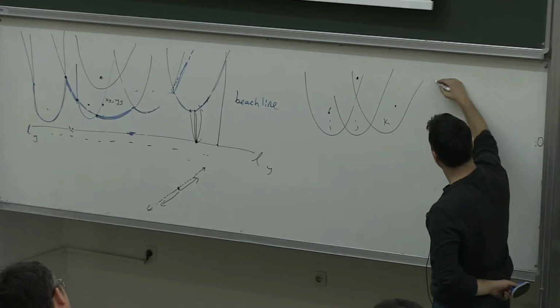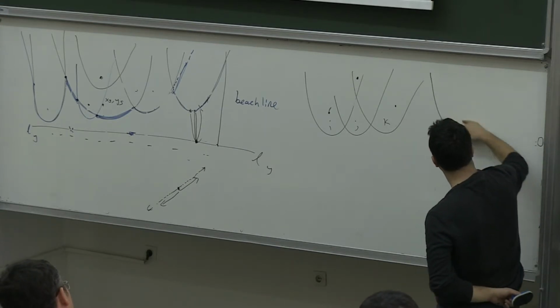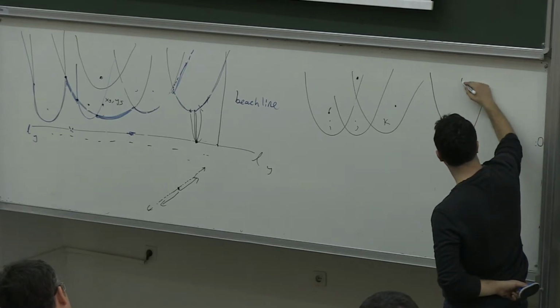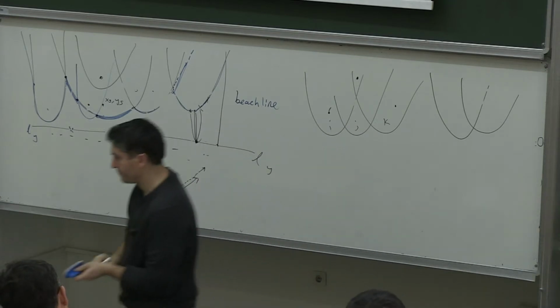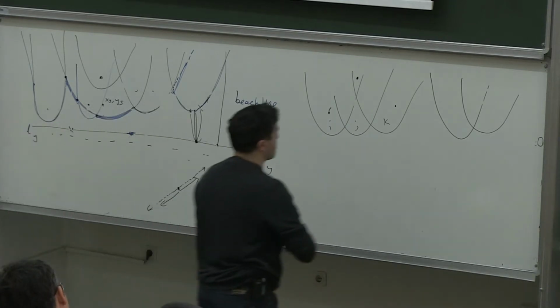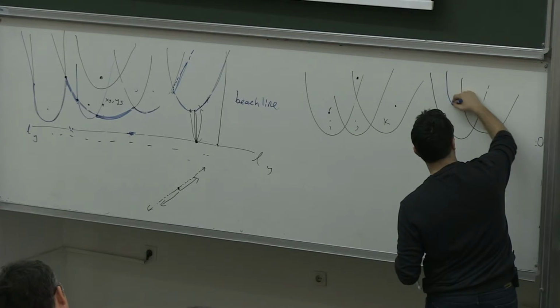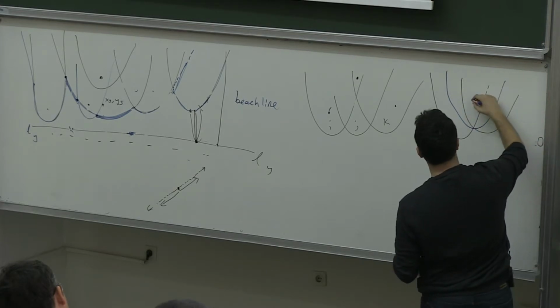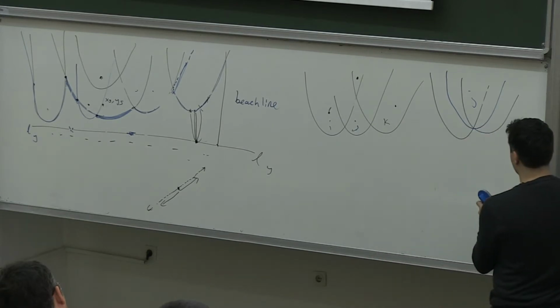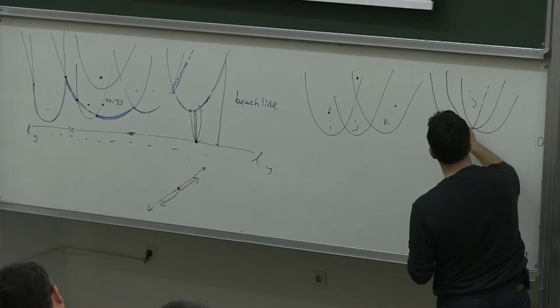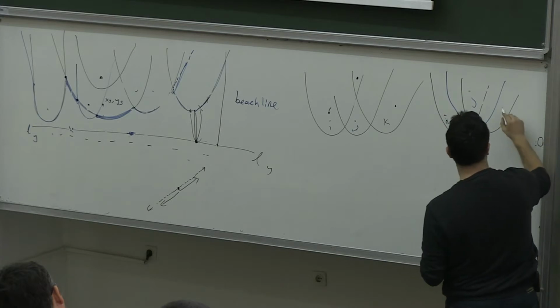In the next iteration, what may happen is that I and K, so it may be something like this. So this was J, okay? This is I, this is K.